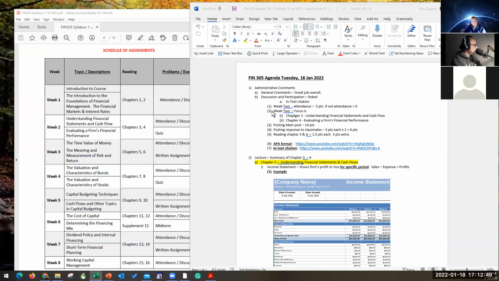Can you see the agenda? Yes, I do. All right. Week 1, everybody did a good job. Week 2 is going to be a little bit more stringent because each of your comments must have in-text citation. In other words, your response must be substantive. What that means is that you have to do research.